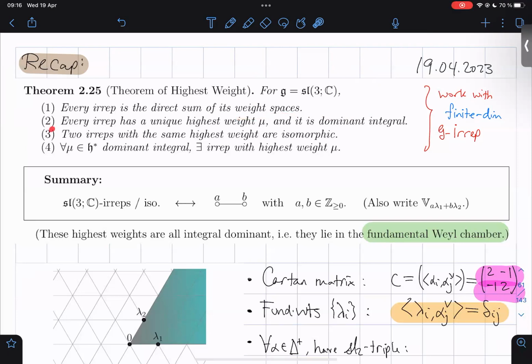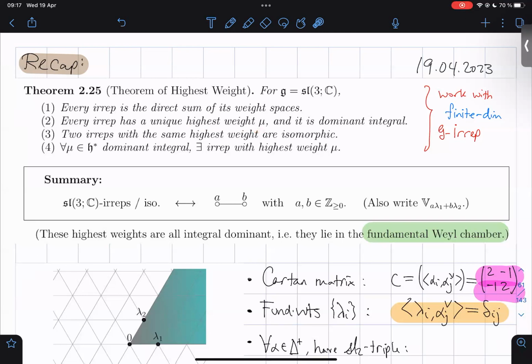Second statement is every irrep has a unique highest weight, and it is dominant integral. Highest: we introduced this partial ordering that was induced from our second choice, namely the choice of simple roots. From that, we have this notion of highest, meaning that for any other weight in the representation, it's lower or equal to this highest one.